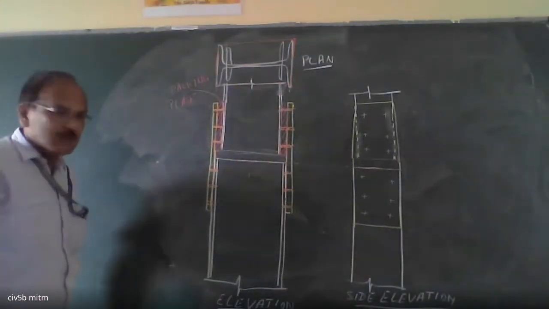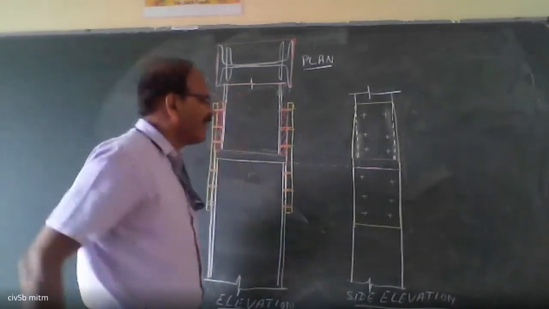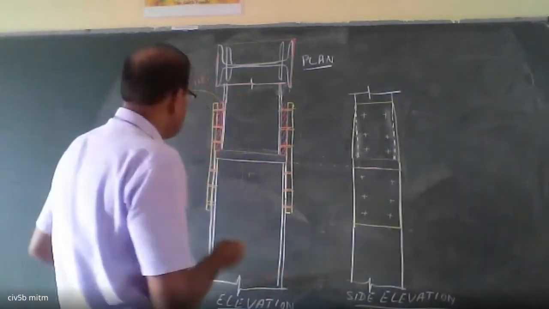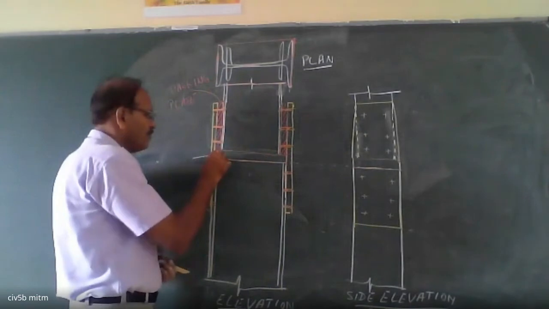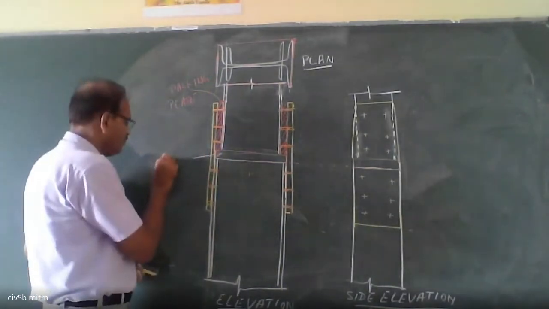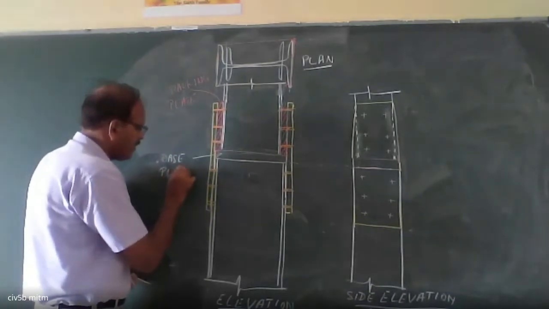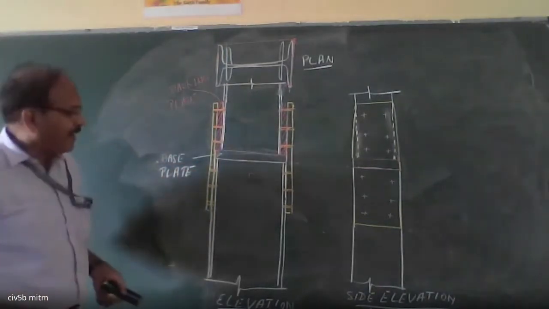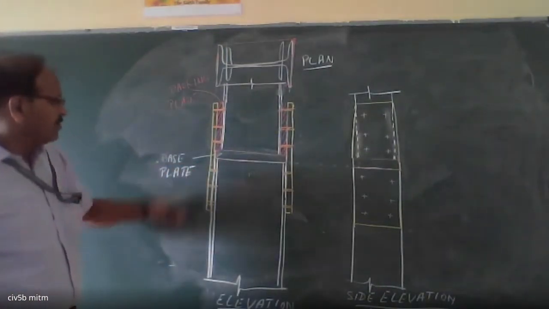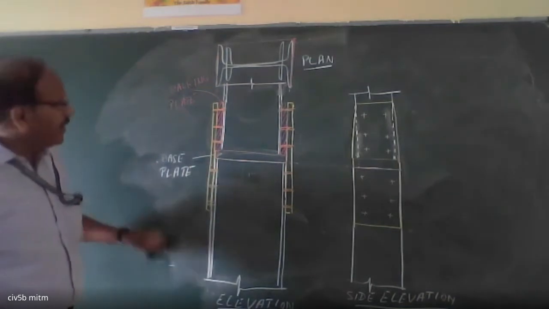Okay, so this is basically the column splicing. This is the base plate. So after drawing this, you need to give the detail, that is, the detailing you have written here.